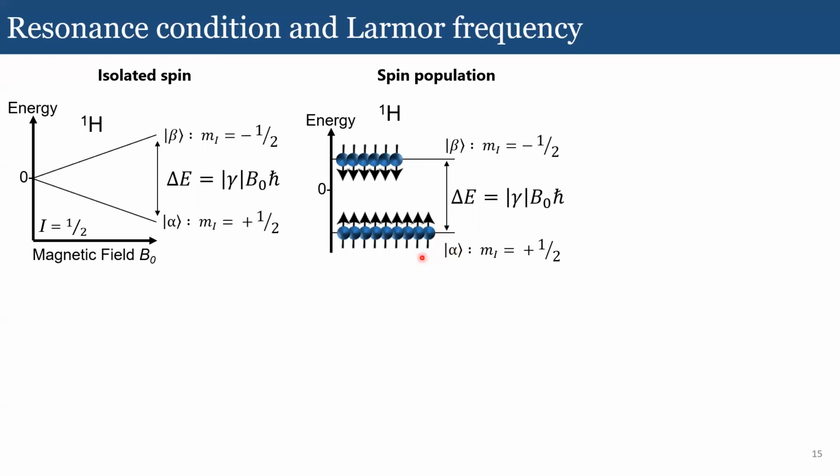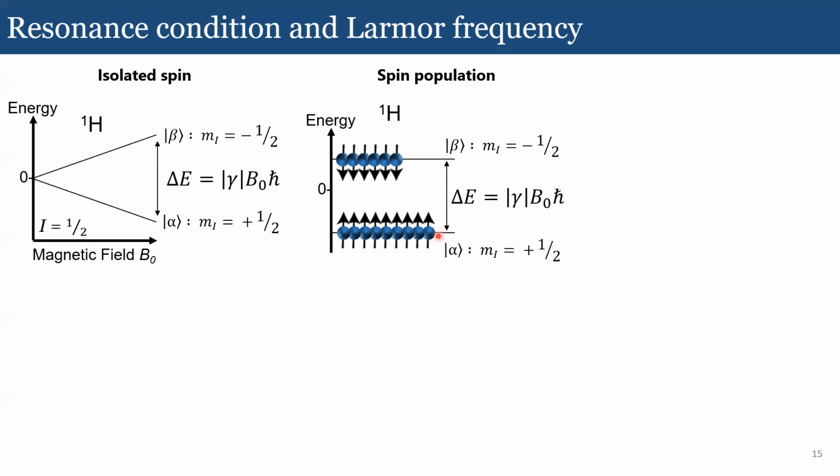To give you a reference point, if you are working at 11.8 Tesla, which is already quite a high magnetic field, and remember that the magnetic field makes that difference of energy even higher, and you consider 100,000 proton nuclei, or spins, the population difference between these two states will only be 5 more protons in the alpha state. So 100,000 proton nuclei, and only 5 are going to be in a different state.